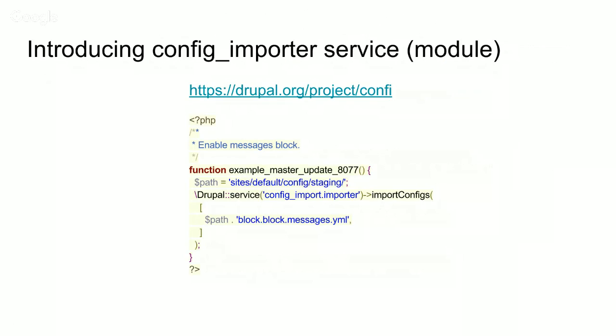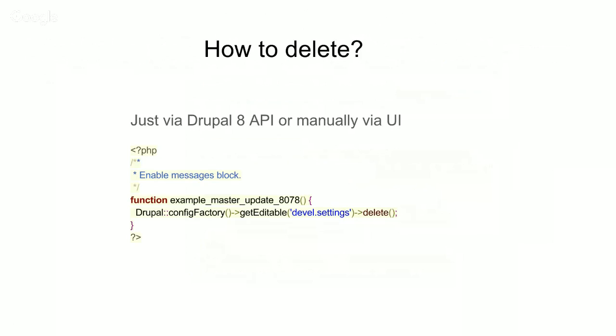You can provide it a list of configs that you are going to update or create inside your database and active storage. For deleting configs, you can use the regular Drupal 8 API to remove config from active storage, and everything else will be executed by the core itself.